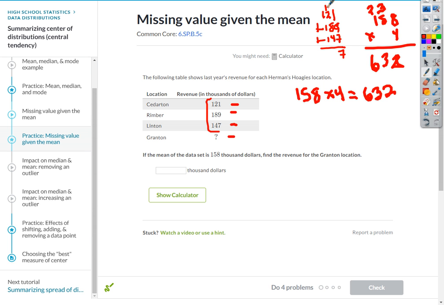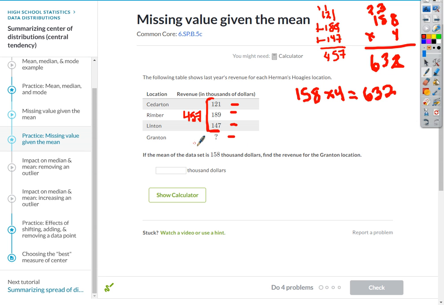Carry the 1. 1 plus 2 is 3, 3 plus 8 is 11, 11 plus 4 is 15. So 5, carry the 1. I put that 1 in the wrong place. Carry the 1 here. 1 plus 1 is 2, 2 plus 1 is 3, 3 plus 1 is 4. So 457.